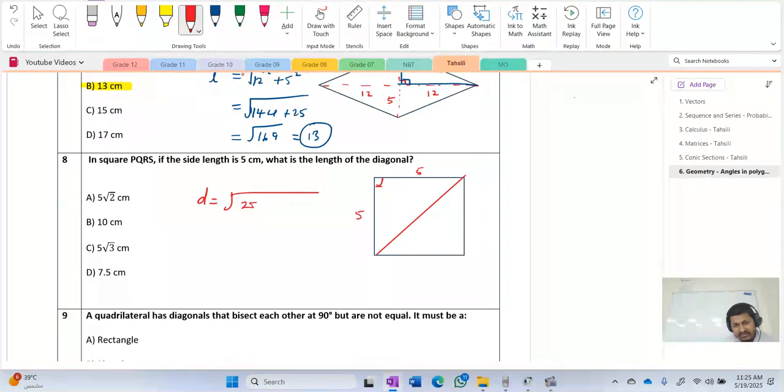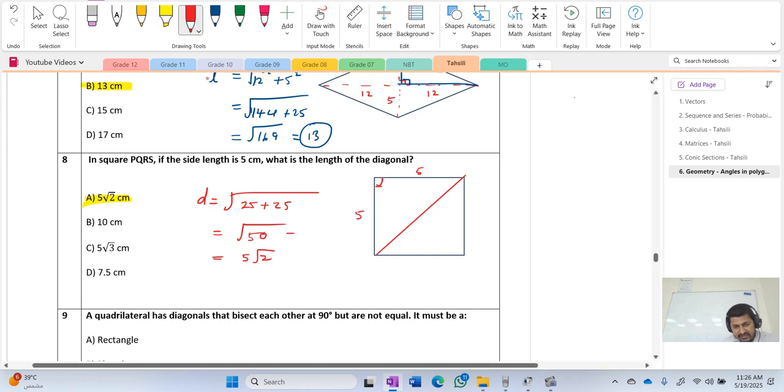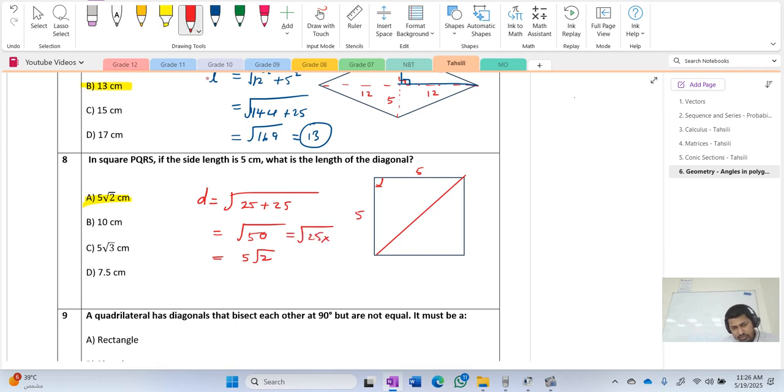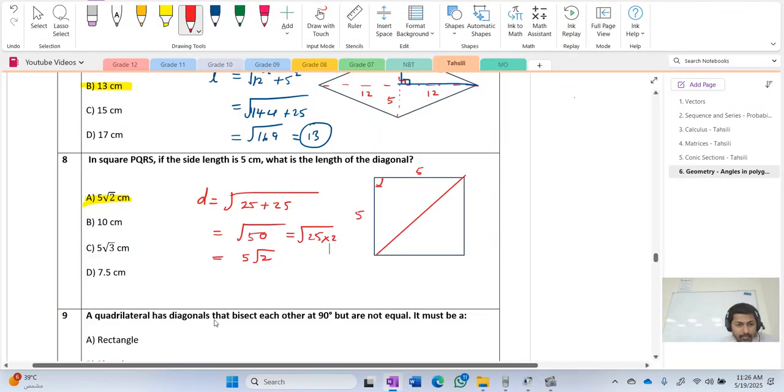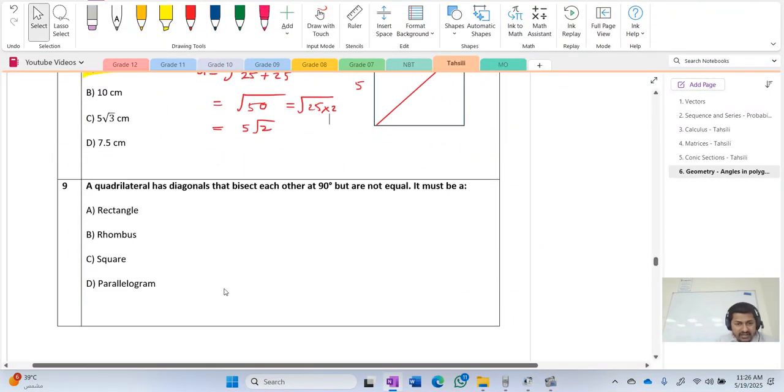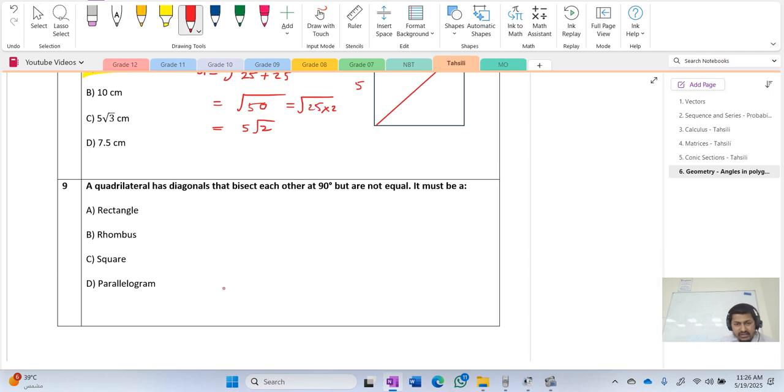A quadrilateral has diagonals that bisect each other at 90. So if the diagonals bisect each other at 90, we're talking about a square, a rhombus, or a kite, but the diagonals are not equal.